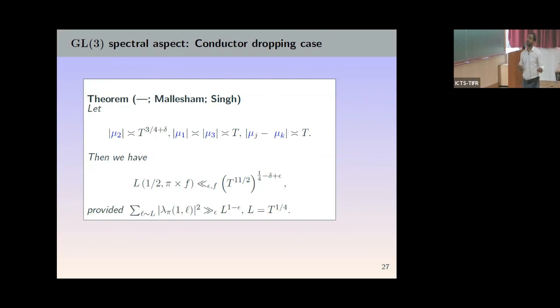You can take it to be like epsilon. So it's very small for us. This is for the purpose of getting subconvexity. So you focus on this 3/4 here. Whatever margin you have in the size, that will reflect in the subconvexity. Sorry, maybe I'm not sure, but it will depend upon that.